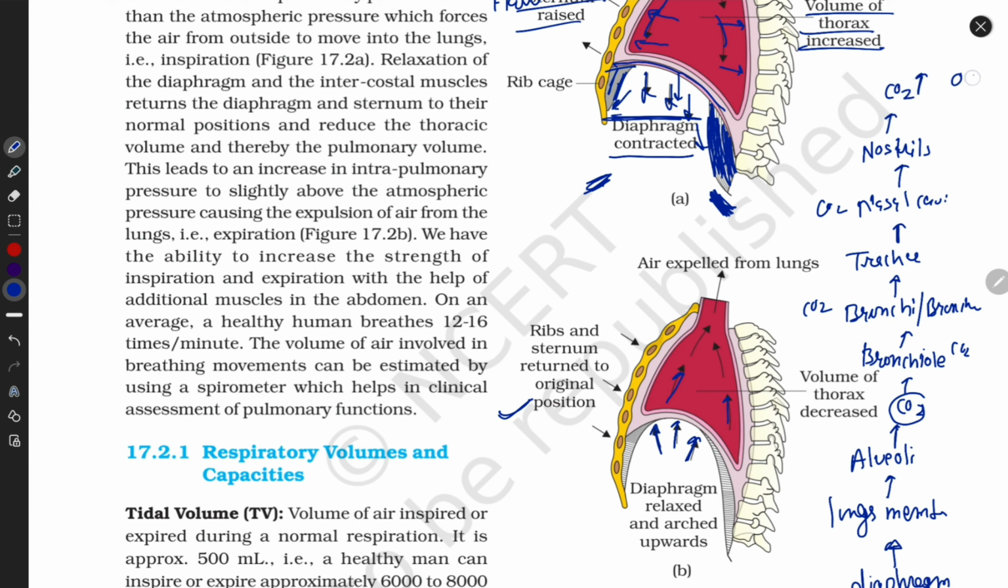So O2 goes in and this process continues, and CO2 goes out at the same time. So this is expiration, guys.